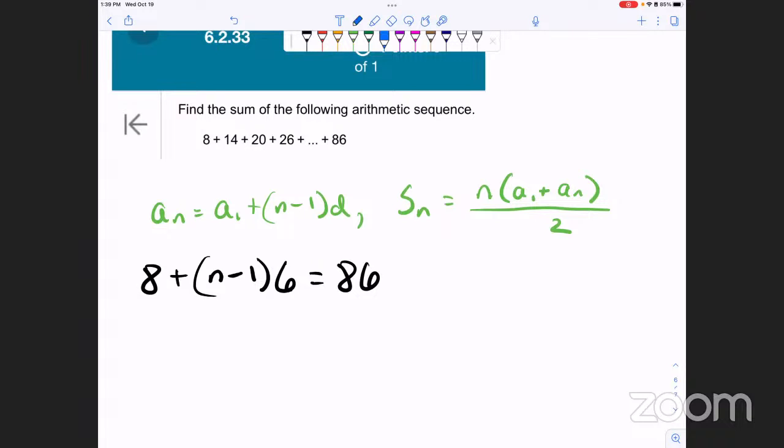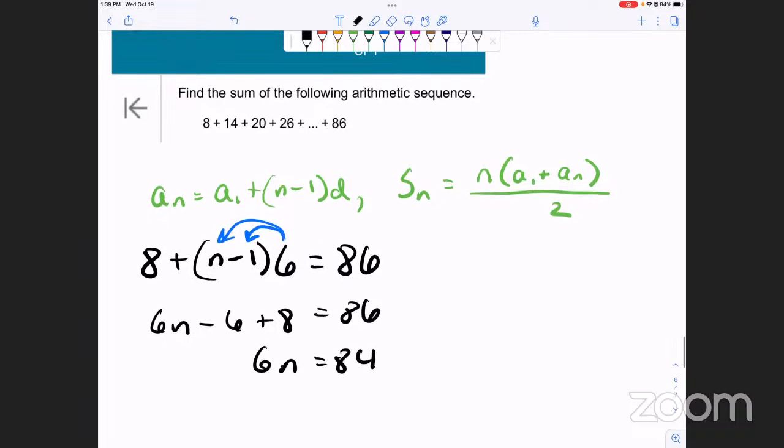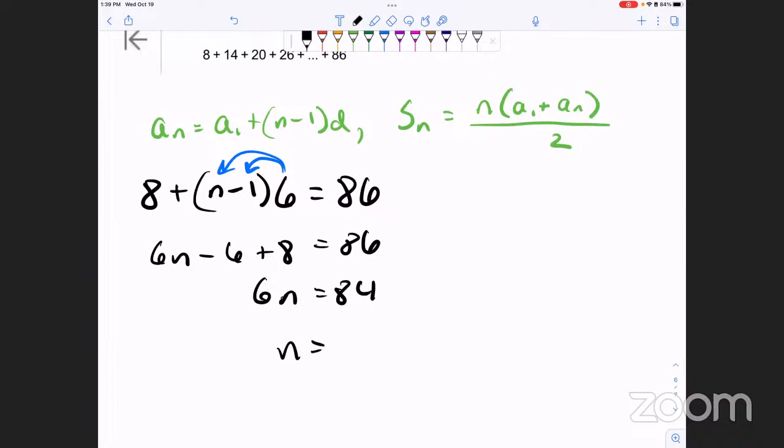So just like before, solve for n. You have one equation, one unknown. We get 6n minus 6 plus 8 equals 86. That's going to be a positive 2, so when we subtract, it becomes 84. 6n equals 84, so n equals 14.